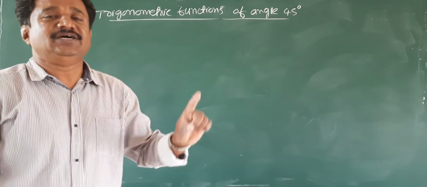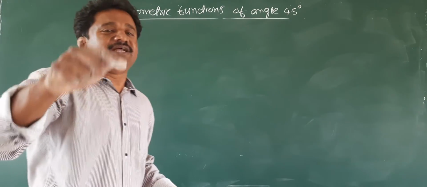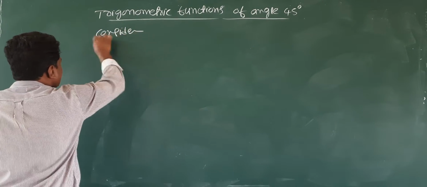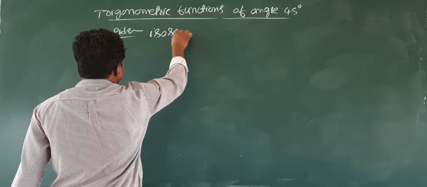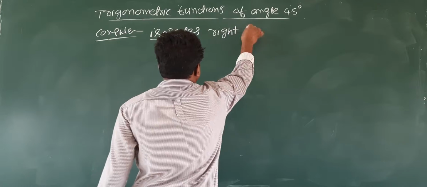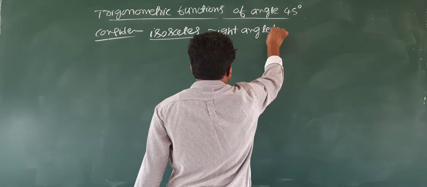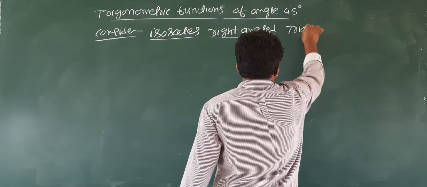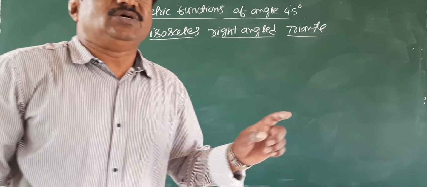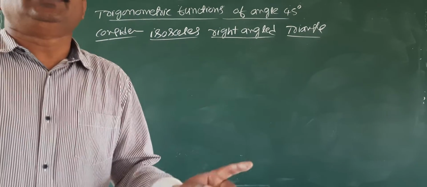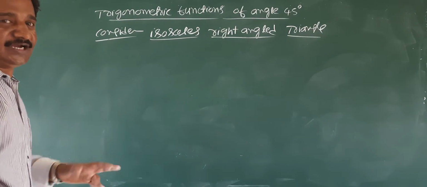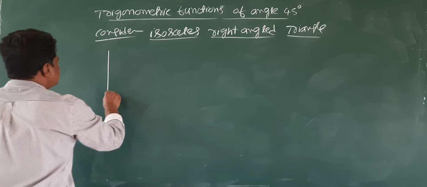For this, you consider an isosceles right angle triangle. Isosceles right angle triangle means two sides are equal.